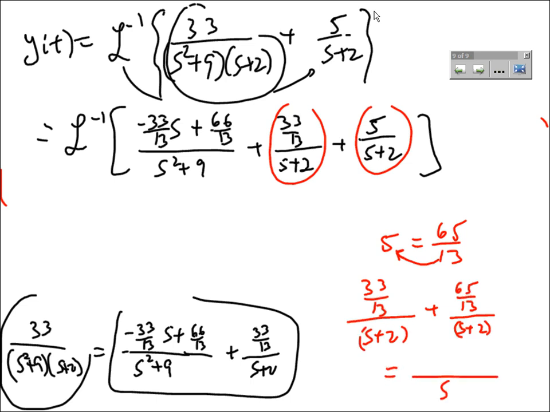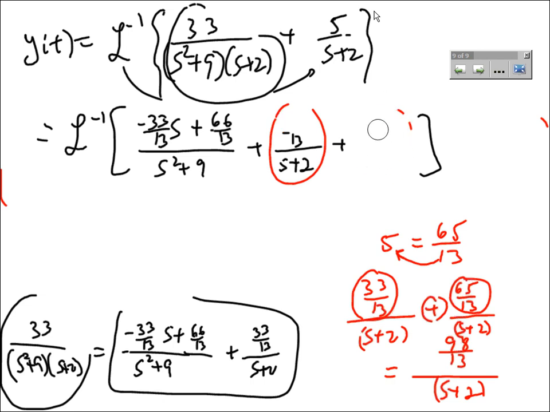Since the denominators are the same, you add the numerators. So it's this plus that. Oh, those denominators are the same, so add the numerators and it looks like you get 98. So I'm going to erase this one and write 98 over 13.